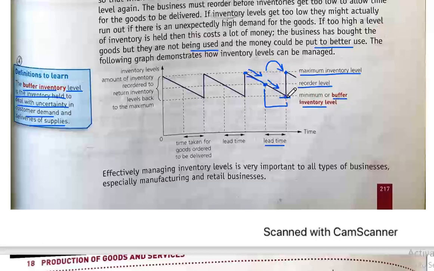It means that I will no longer have enough for the customer to satisfy the demand, and I will not have enough raw material or components to use in my production process. So I must pay attention not to reach this level. Before I reach it, I must reorder from suppliers in order to go back to the maximum inventory level.